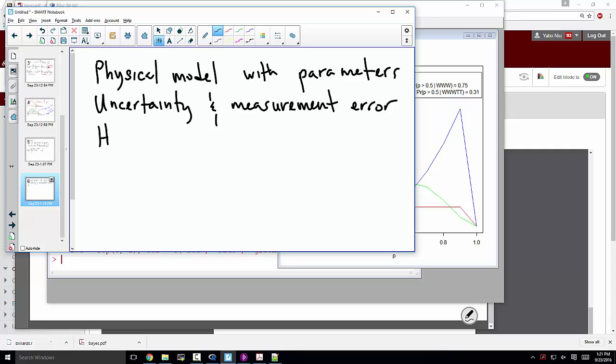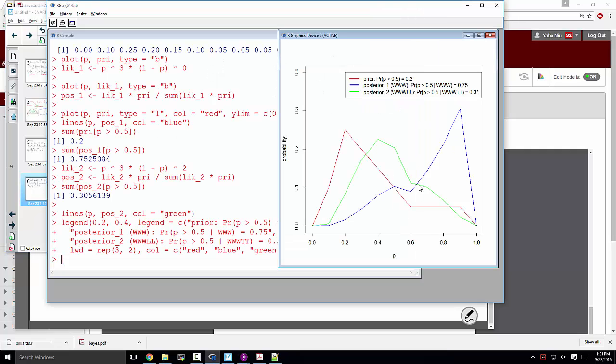So that distribution of uncertainty and measurement error would have its own parameters, and we can allow for distributions on them as well. They're called hyperparameters. So you have basically a likelihood and a prior, but you might have multiple levels of priors. Once you start having that kind of model, deriving the posterior distribution can become a lot harder.